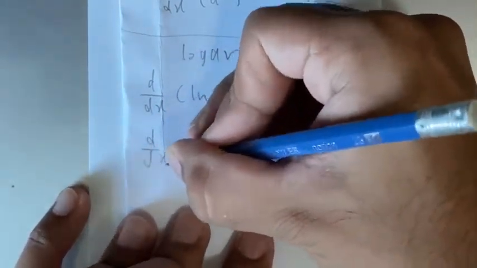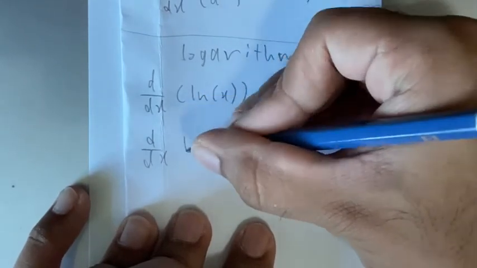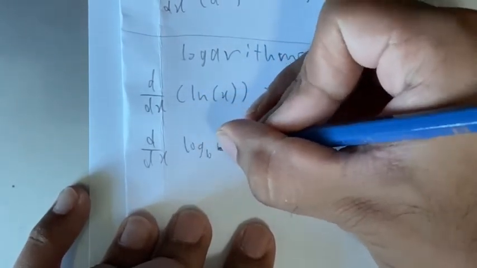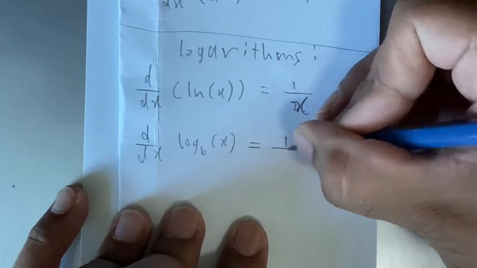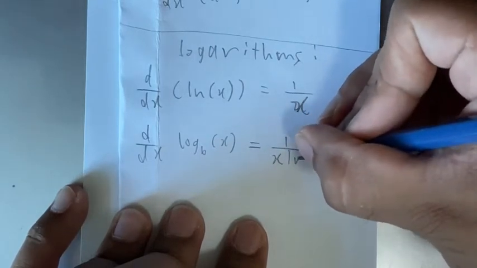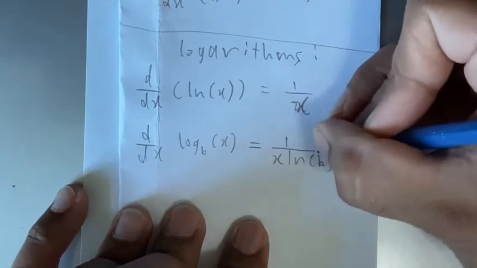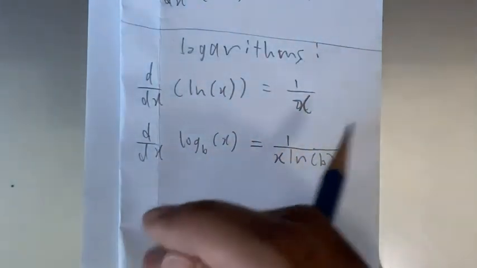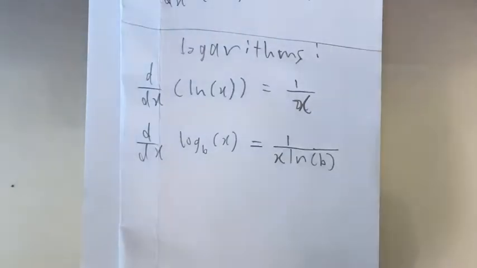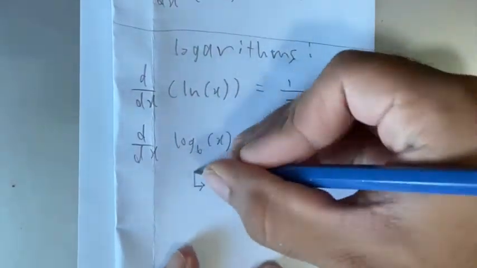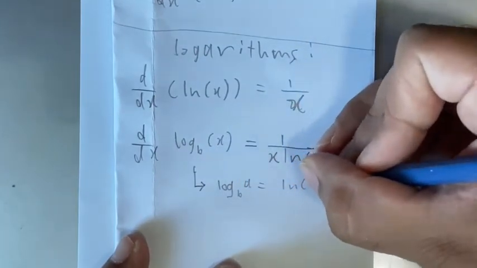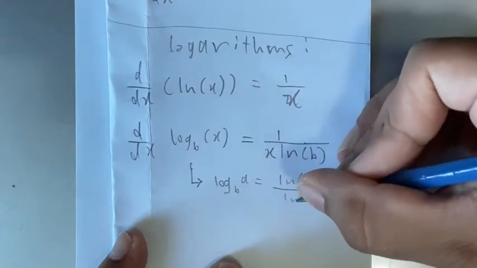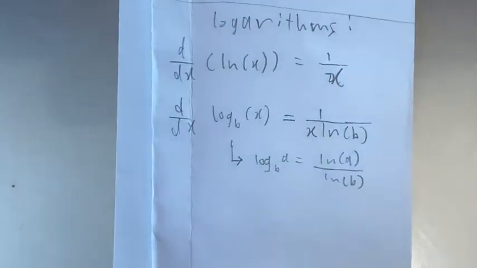Then d by dx of log base b of x, you get 1 over x ln b. This is because of this rule with exponents, because the rule is that log b of a is equal to ln a over ln b, and that's why we could do this. And yeah, that's all you need to know.